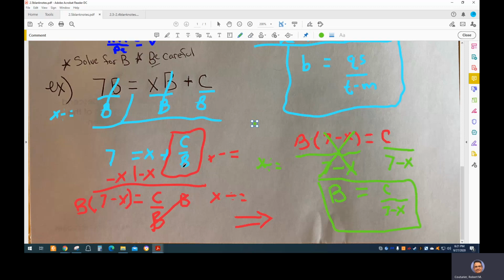We use 3 properties to legally move around pieces. The pieces cannot be created, added, nothing. It's just legally moving them around using the properties that we've learned. And when we do that, we end up just rearranging the original equation. This formula here is identical to this one, this original one. The only difference is it's solved for a different variable. And that is all that we have to do for this.